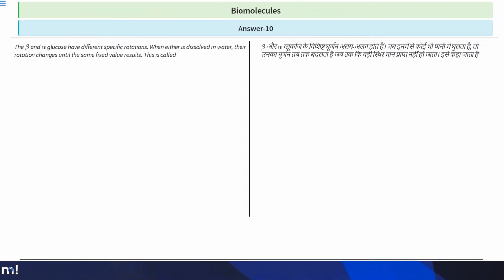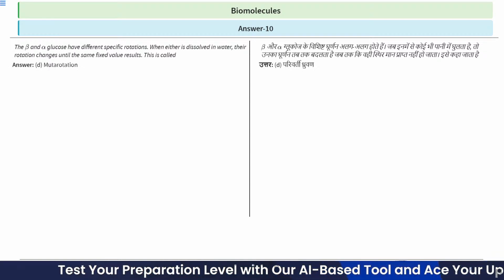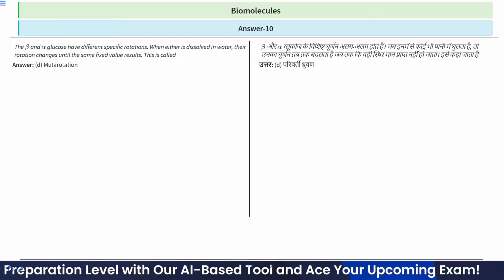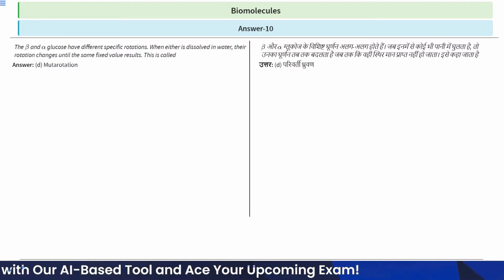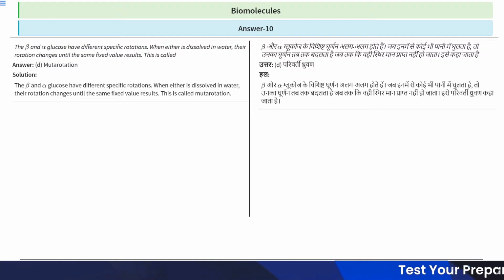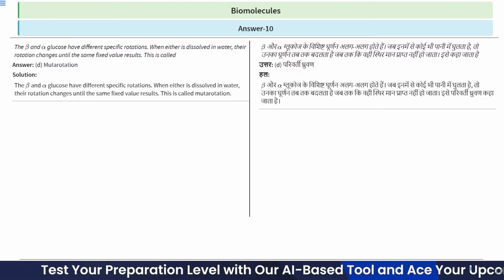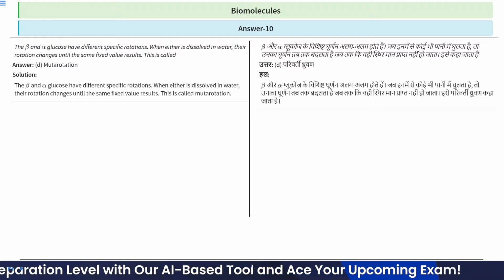So the correct answer for the given question is option D, that is mutarotation. The beta and alpha glucose have different specific rotations. When either is dissolved in water, their rotation changes until the same fixed value results, and this phenomenon is called mutarotation.